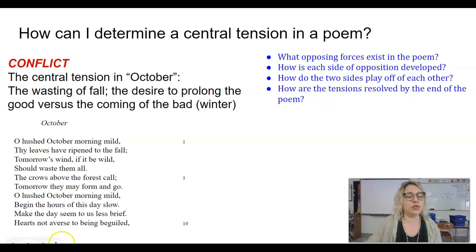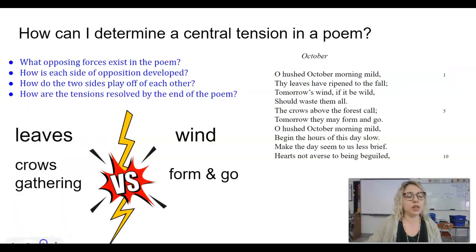And those opposing forces are between the leaves and the wind. So the leaves have ripened to the fall, but if the wind is wild tomorrow, they'll be wasted. So there is an opposition there between leaves and wind.